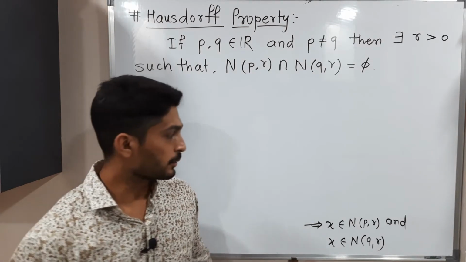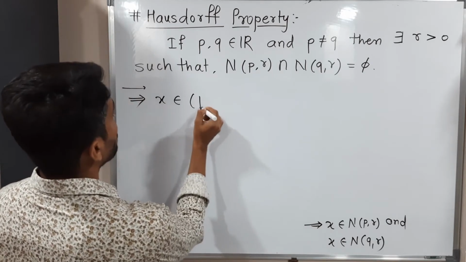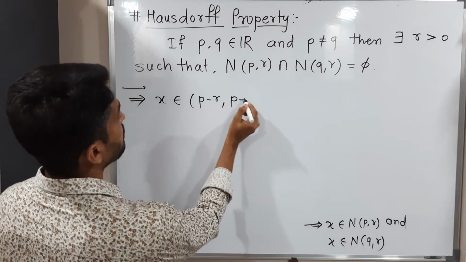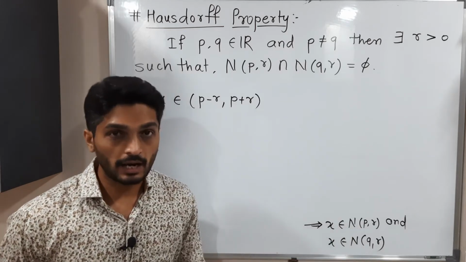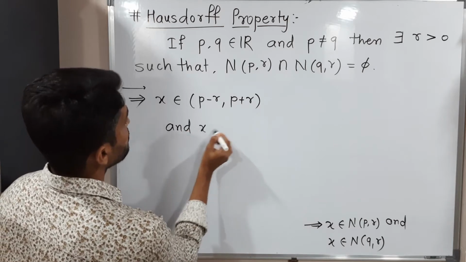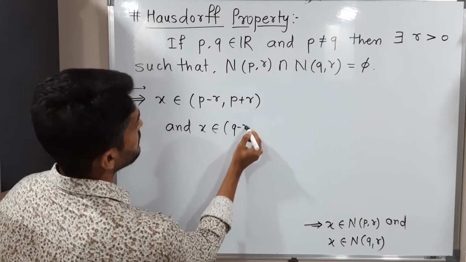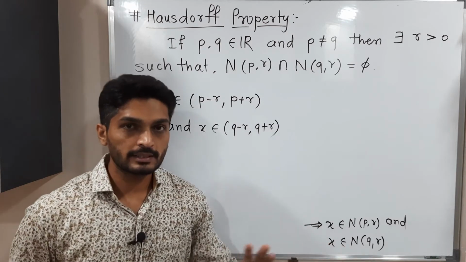So let us continue. x belongs to N(p, r), that means x belongs to the interval (p minus r, p plus r). This is the neighborhood of p with radius r, and x belongs to (q minus r, q plus r). This is the neighborhood of q with radius r.